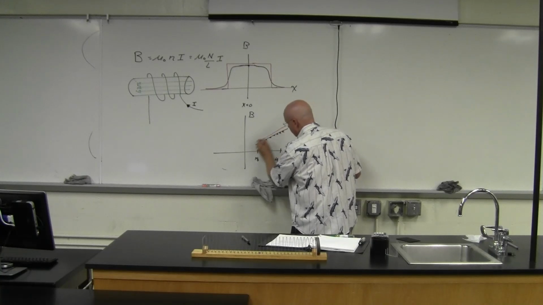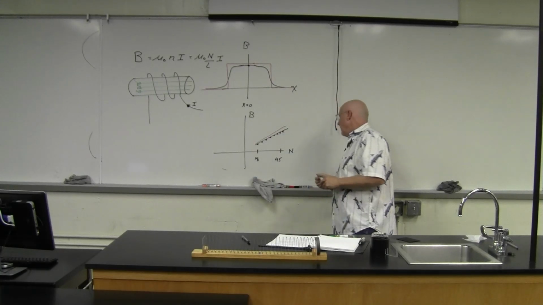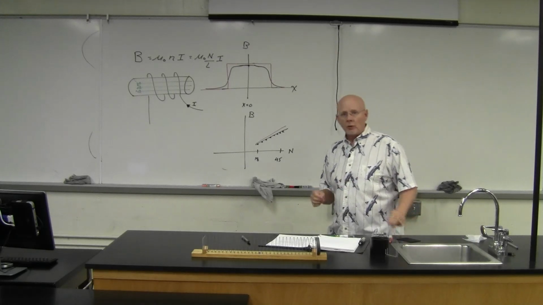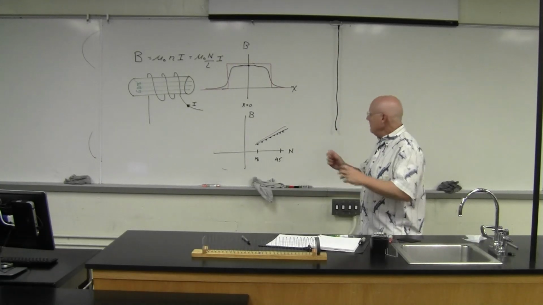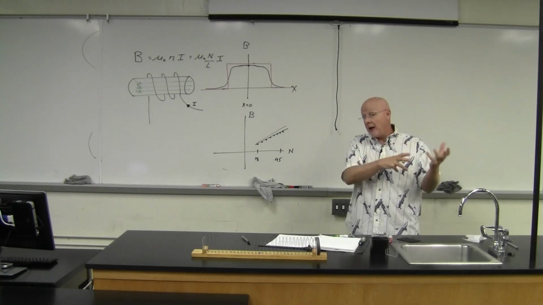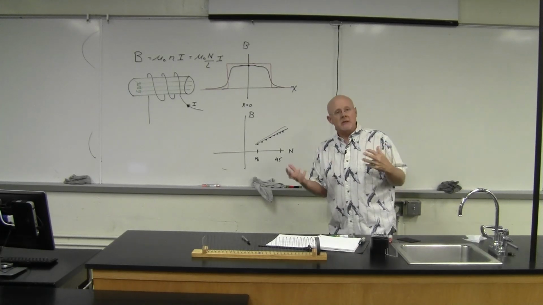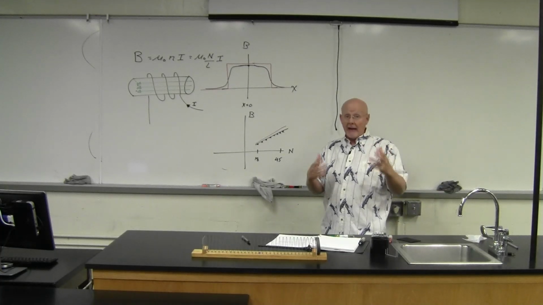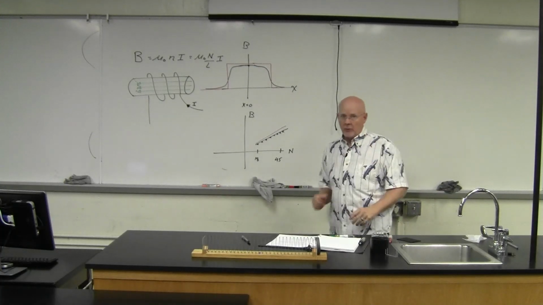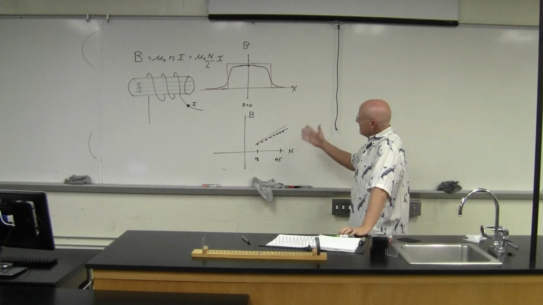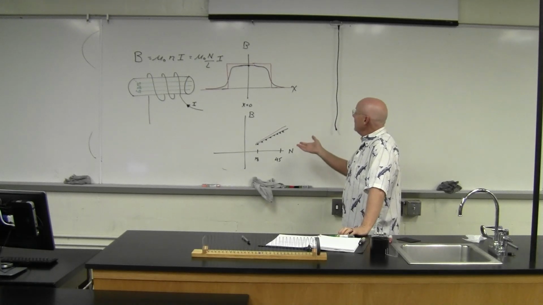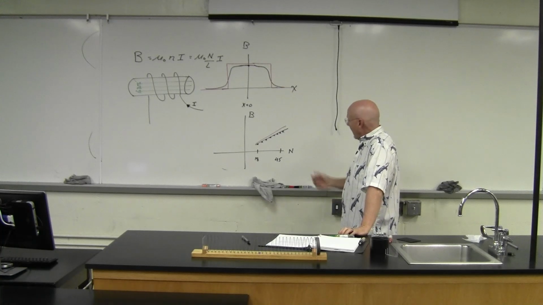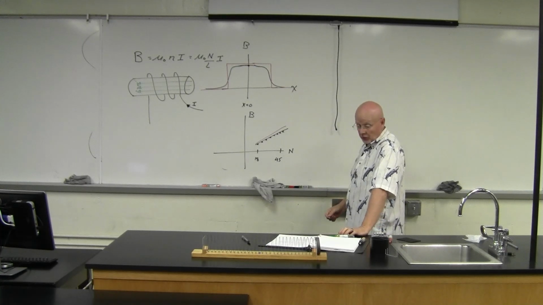I'm not sure how close they will be, but I'm suspecting that our real solenoid will be a little bit different, but still follow that pattern of an ideal one. Again, that's the point of this lab, to help us understand the solenoid a little better, and the toroid, and the long straight wire. Those are the 3 we're going to be using. So anyways, this would be the second experiment here. And that's hopefully what you will get.